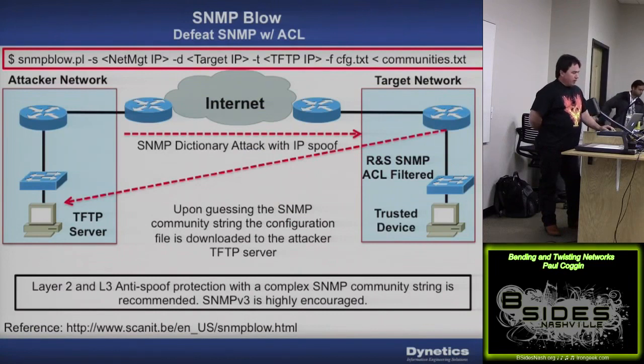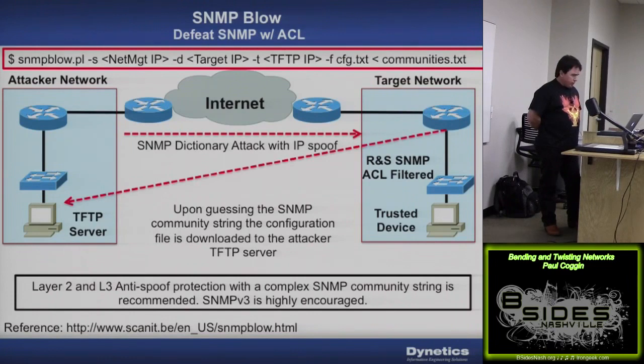One way that you might get that initial handhold, that initial remote access into the router, is there's a tool called SNMP Blow you might use. You've developed a dictionary of SNMP community string keywords, kind of like a password list. You could use SNMP Blow and your compiled SNMP community strings.